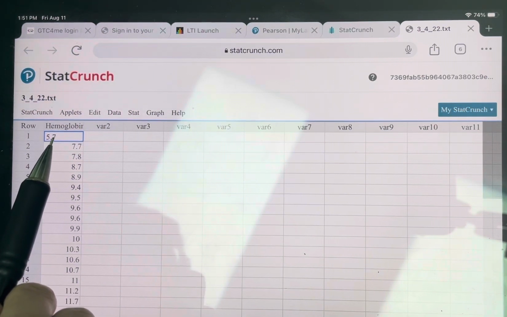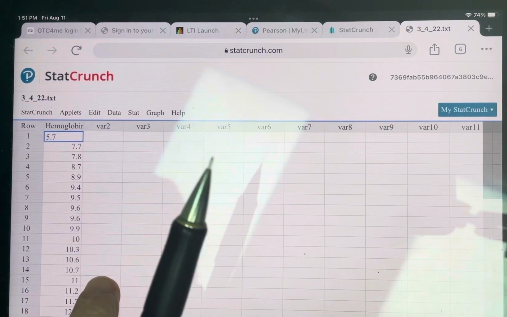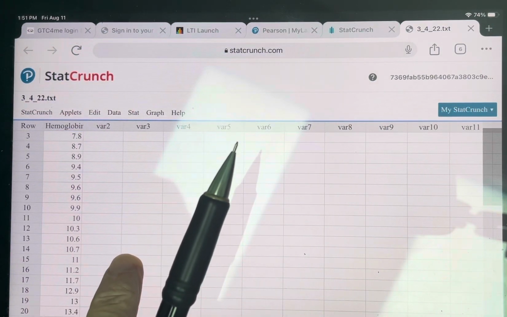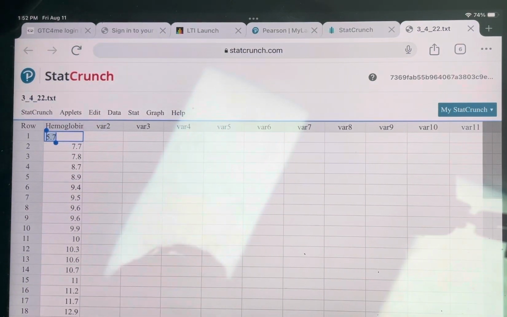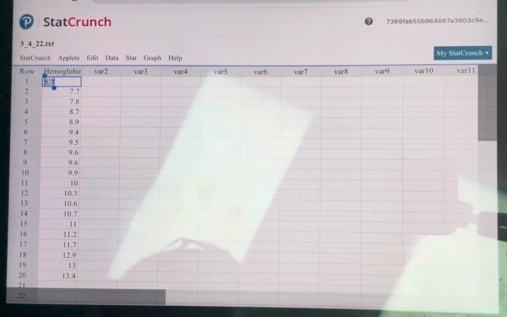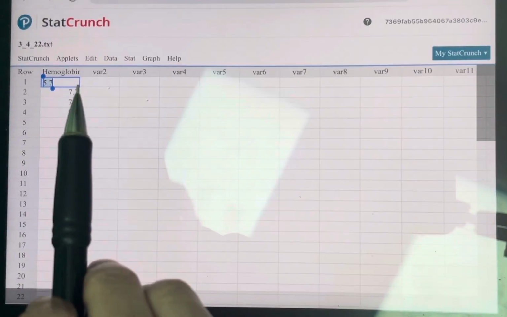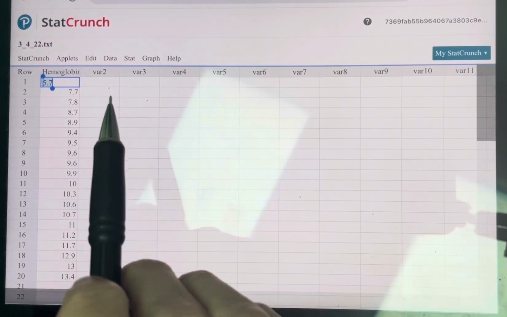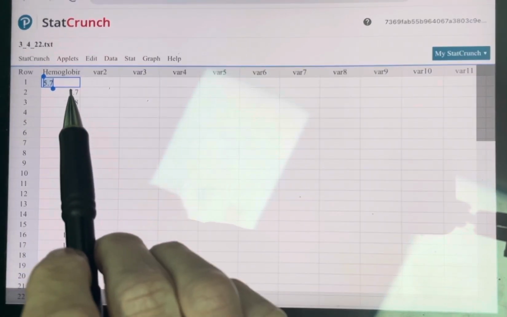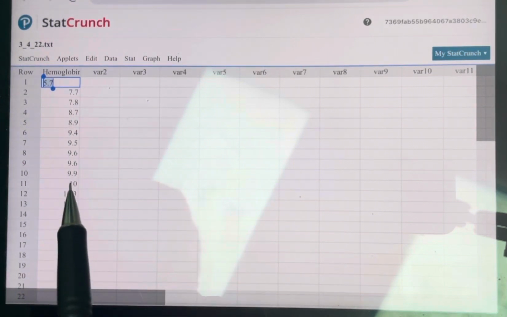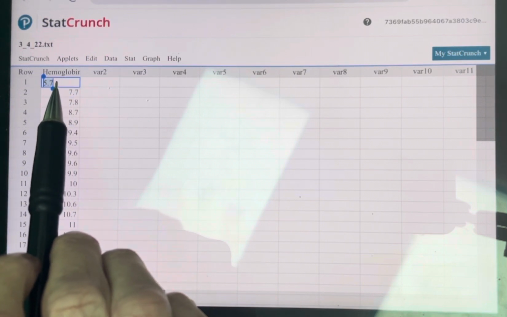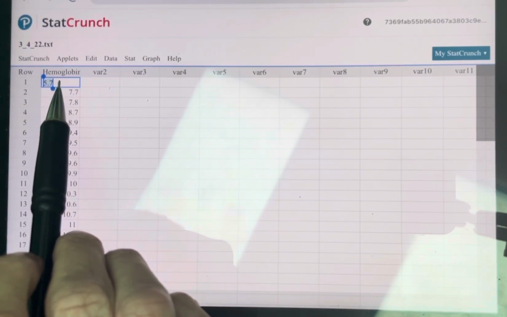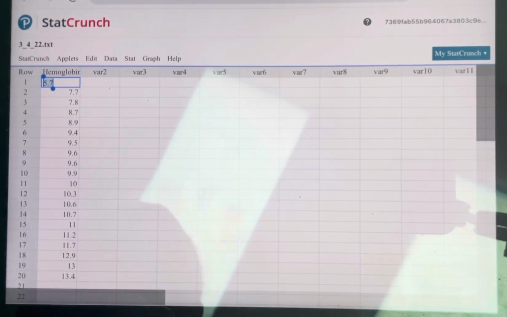If I scroll down here, I think there were 20. Let me move it up so you can see them all. Anything below 6.375? This one is too high, too high. Yep, only that one. So we have one outlier that is below the lower fence. It's 5.7. How about any outliers that are above the upper fence?